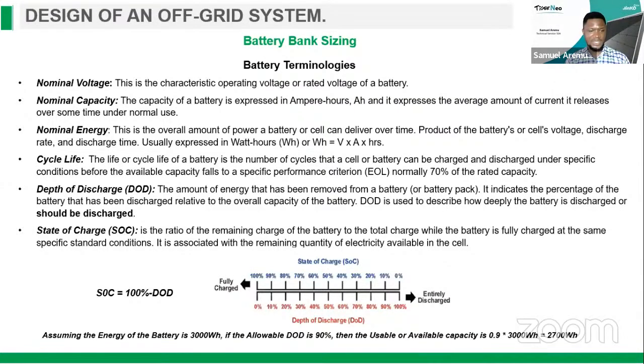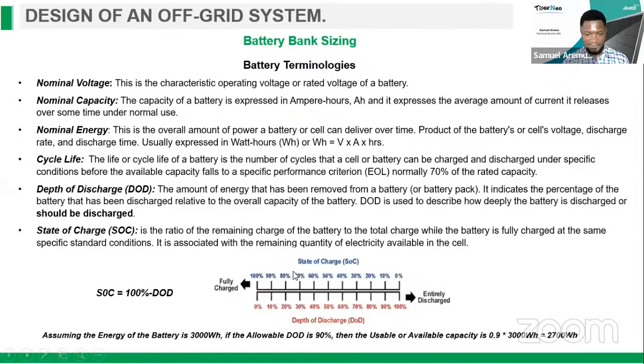And also the SOC talks about the state of charge of the battery. For example, let's use our cell phone. Let's say your phone is on 70%, so the SOC of that battery is 70%, and the DOD is 30% because you've discharged 30% from it. I'm going to explain using a diagram here.